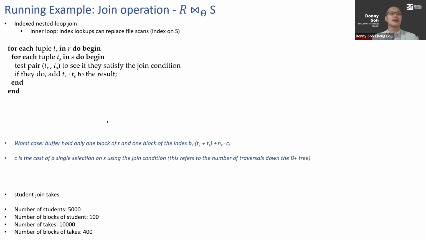There's no best case scenario here, so let's look at the worst case scenario. The worst case scenario is that the buffer only holds one block of each of my tables.